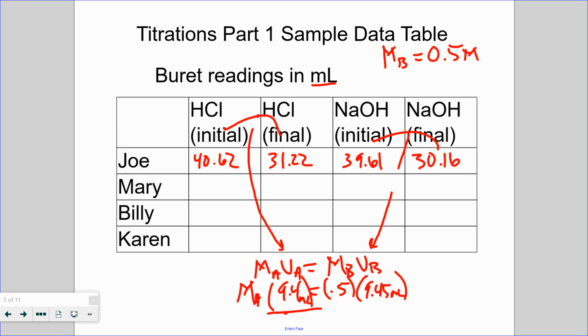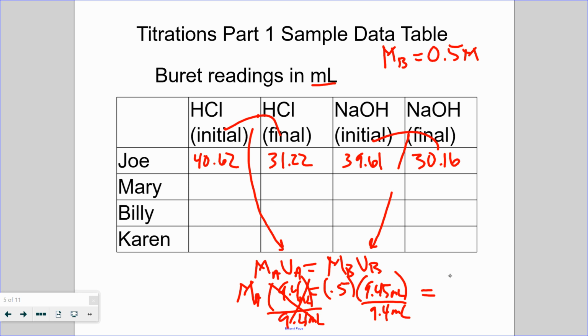I'm just going to divide here by 9.4 milliliters, and divide here by 9.4 milliliters. That goes away. And so the molarity of my acid is going to be 0.5 times 9.45, and then we divide that by 9.4.